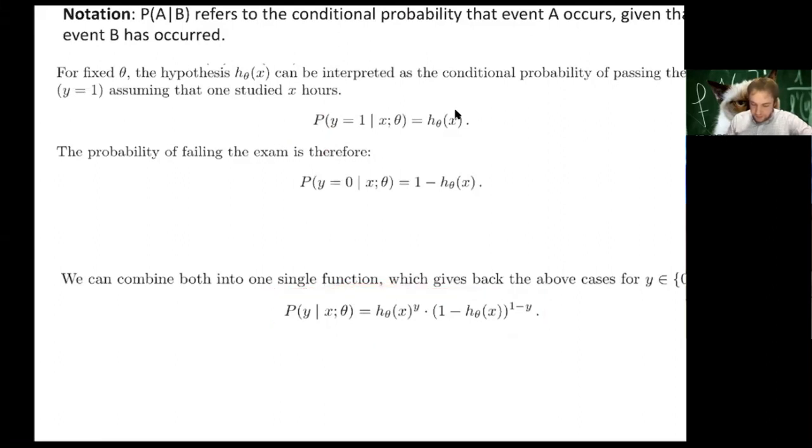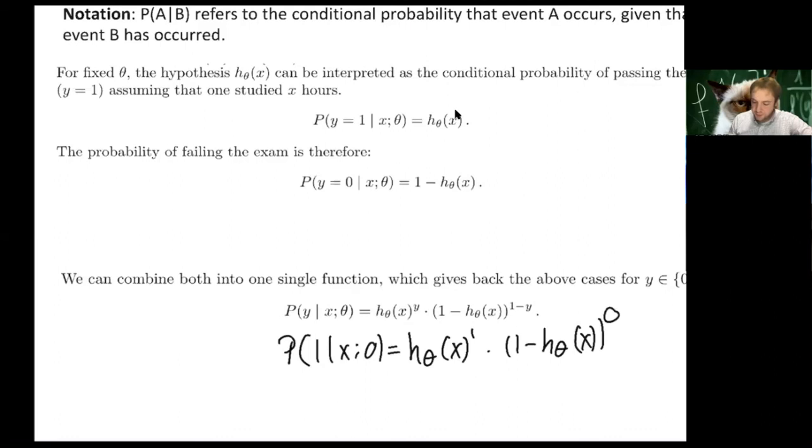We take h theta to the power of y times 1 minus h theta to the power of 1 minus y, because if you plug in 1 now, then this is just h theta to the power 1 times 1 minus h theta x to the power 0. So this here is just 1, and this is just h theta of x. And if you plug in 0, then the first term vanishes, because it's a power of 0, and here it's just 1 minus h theta. So it gives the same formula as above.